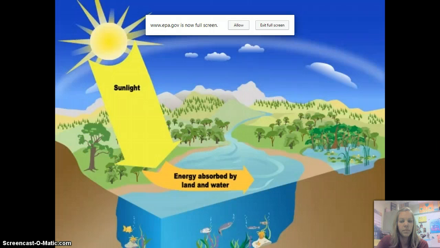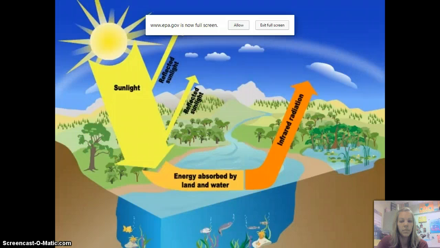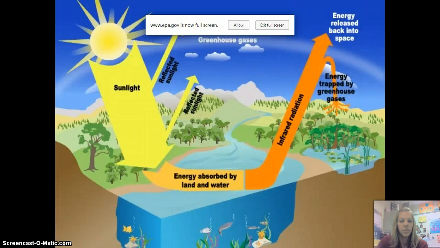The rest is reflected back to space. The Earth's surface warms up, then gives off energy in a different form, called infrared radiation. This energy travels back towards outer space. Greenhouse gases trap some of this energy in the atmosphere before it can escape, making the Earth warmer.